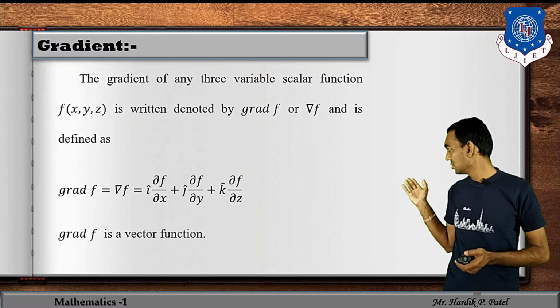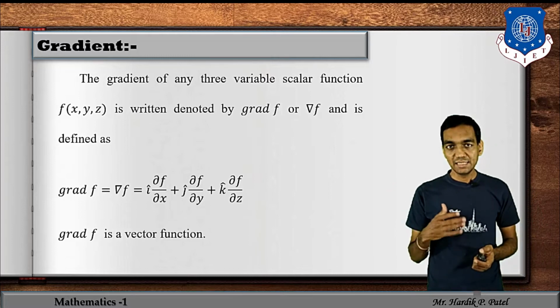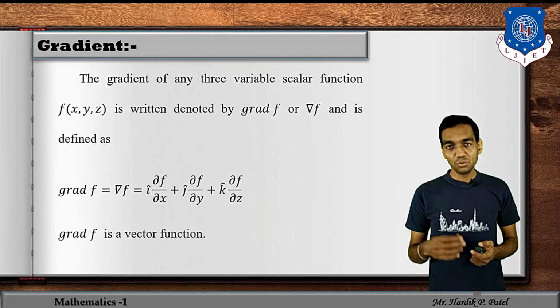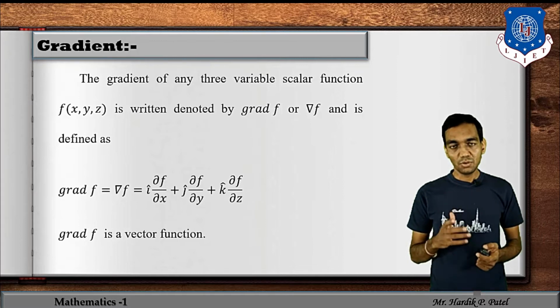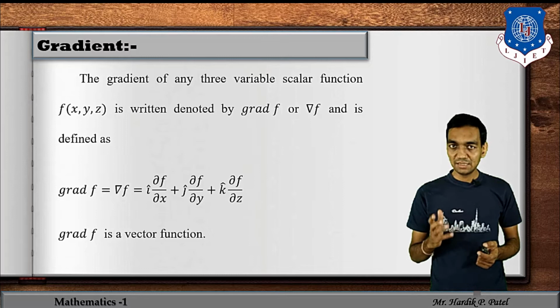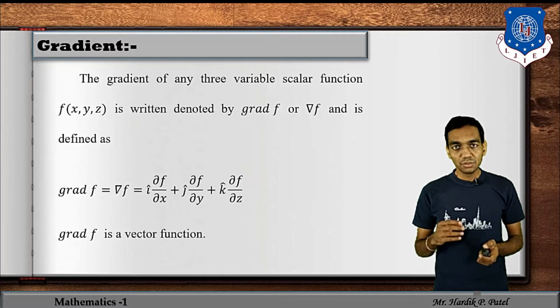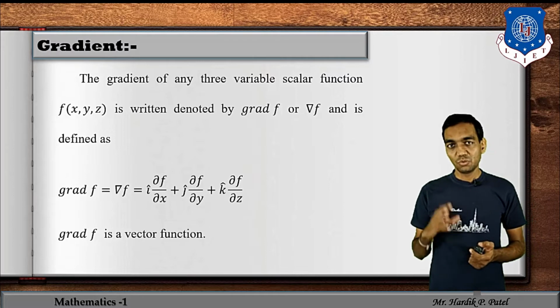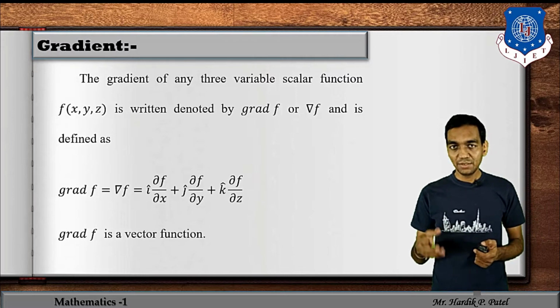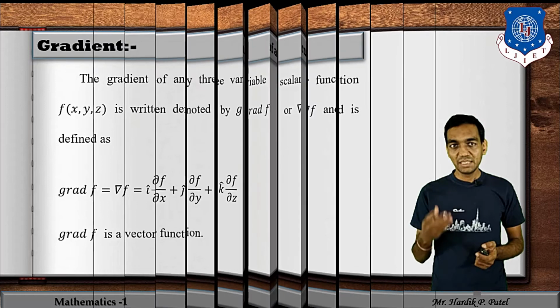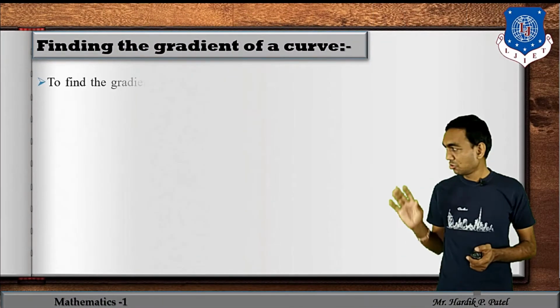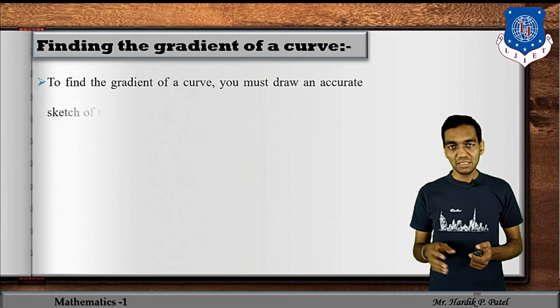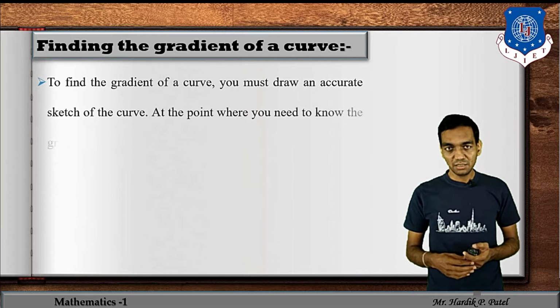Now grad f denotes a vector function, as i, j and k are unit direction vectors of the x-axis, y-axis and z-axis, correct? So this will give you a vector quantity. So f is a scalar function and grad f is a vector function. Now basically the gradient gives you the slope of a tangent, and it is directional.